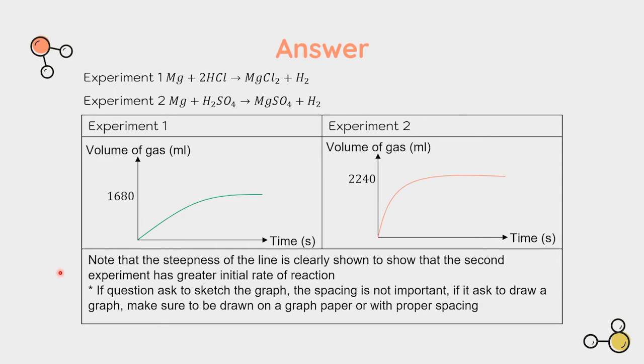We determined that the second experiment has a higher rate of reaction, which is why the line is steeper. That shows more gas was produced in a shorter amount of time compared to experiment 1, where it is less steep, and this shows that the second experiment has a greater initial rate of reaction.